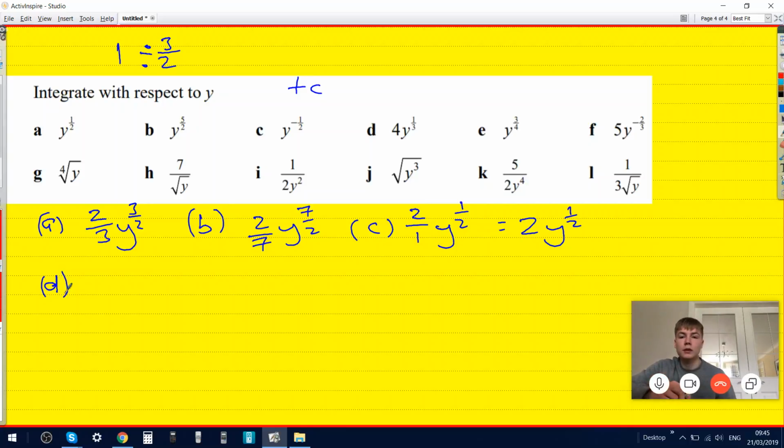You have the number that's in front. Yes, 4 times 3/4. Do you have a calculator? Yeah. So just 3. And what's the power? 4 over 3. Well done.